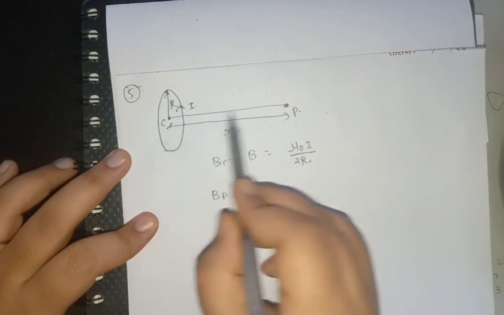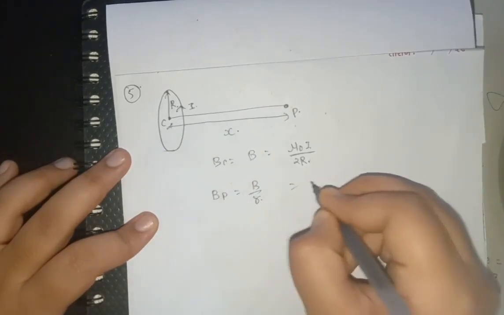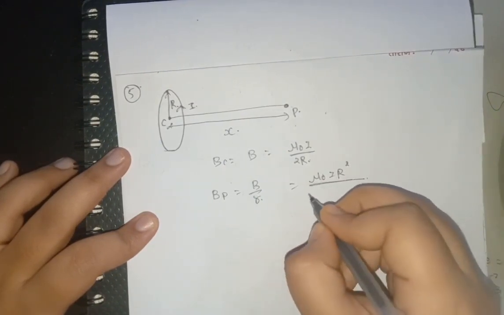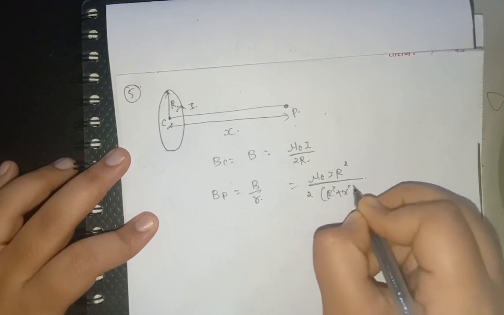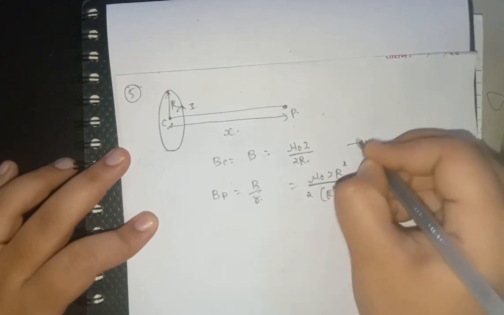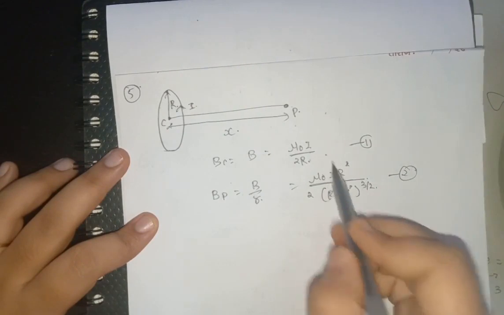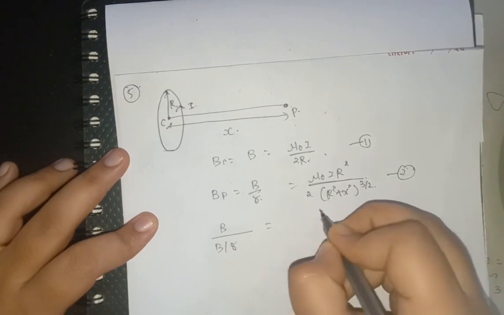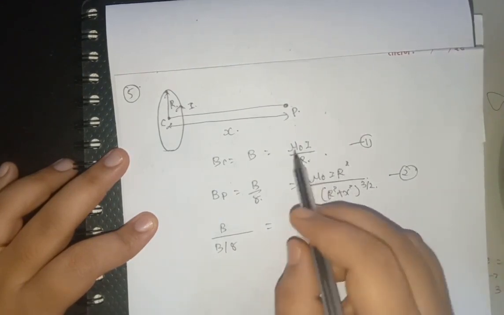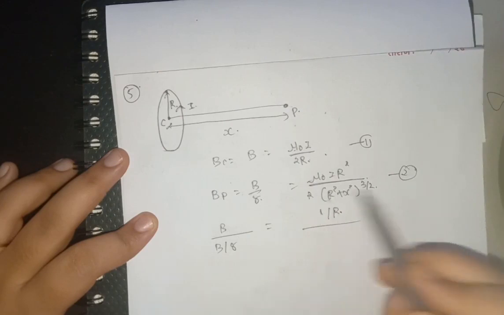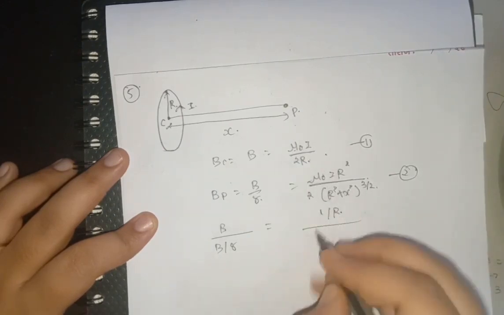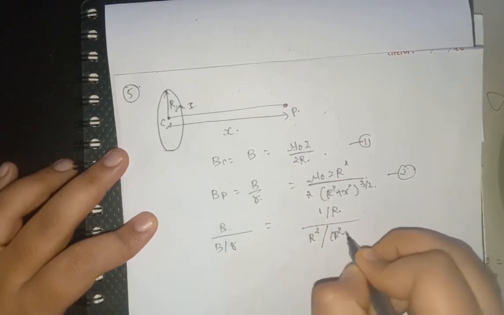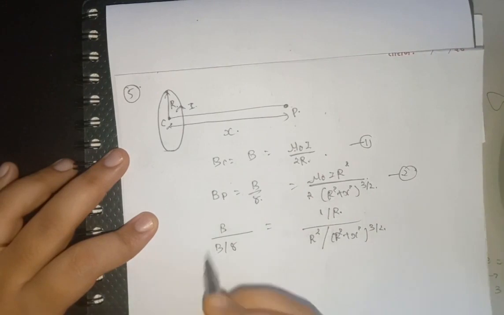The magnetic field on the axis of a circular ring is given by mu naught I r square divided by 2 into (r square plus x square) whole power 3 by 2. Taking the ratio of 1 and 2, we get B divided by B by 8 equals 1 by r divided by r square divided by (r square plus x square) power 3 by 2, as mu naught I and 2 get cancelled out.